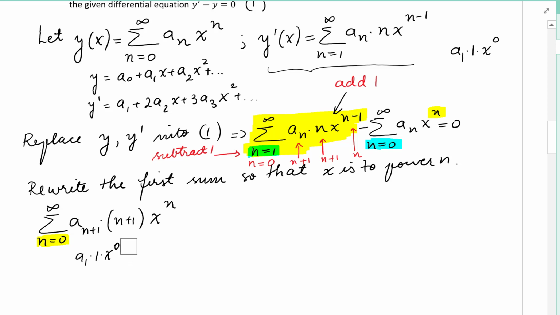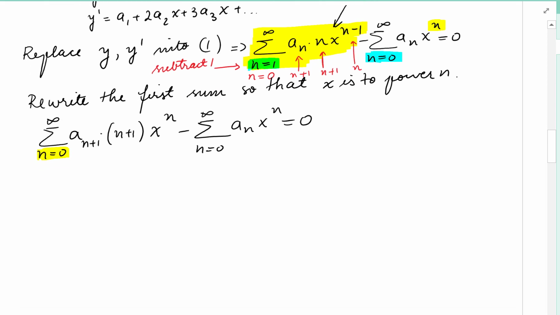And you can try to do the same thing for the next terms and double check if you get the same thing. So then minus the sum as n goes from 0 to infinity of a sub n x to the n. I just copied the 2. So what happened?